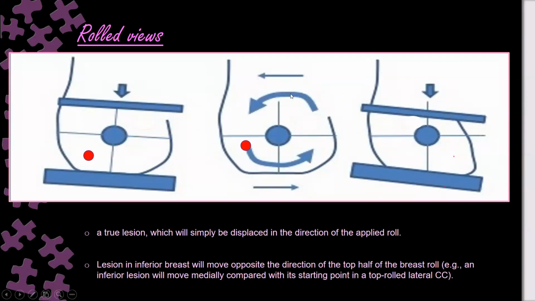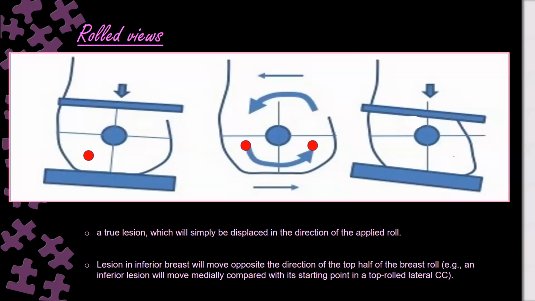If the lesion is in the inferior part of the breast, in the CC view, I have seen it laterally, and I move the breast toward the lateral. It will not move laterally because it is in the inferior breast, it will be pushed medially.